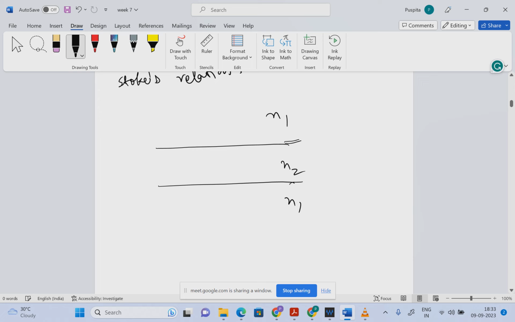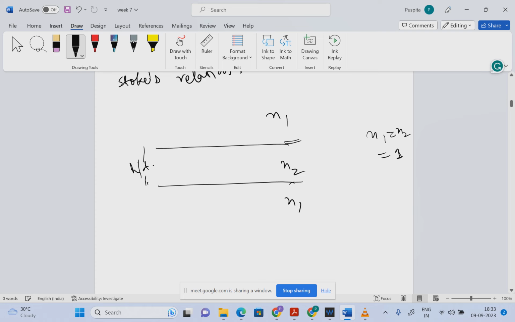So N1 is equal to N2 is equal to 1. The gap between them is d, or t, whatever you are comfortable to assume.